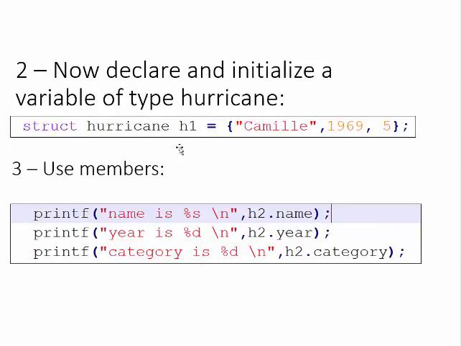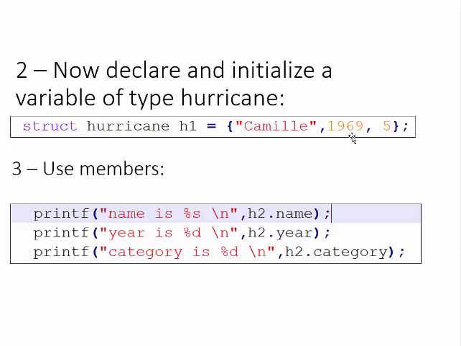Now, if you want to declare and use your structure, like declare and use any other type of data that you might in your program, you of course have to declare and initialize it. So I have a hurricane 1, and I declare it by saying it's a structure of type hurricane, and its name is H1, and these are its properties on the right hand side.